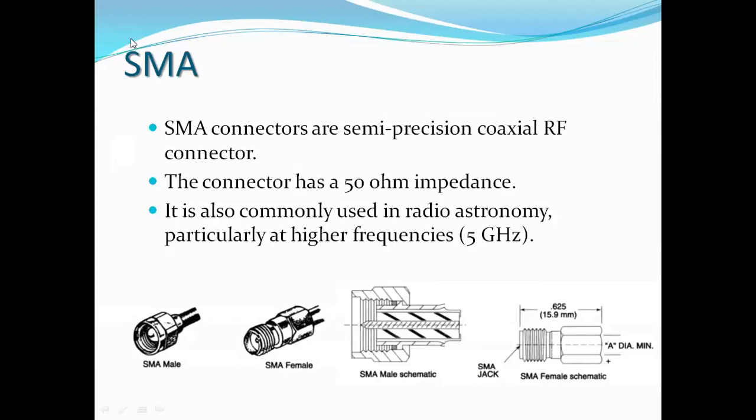If you use higher modes, you'll go for SMA connectors with higher frequency, that is around 24 gigahertz. Again, all these connectors have gender, that is male and female, apart from the APC connectors. Now here, this is a schematic diagram.